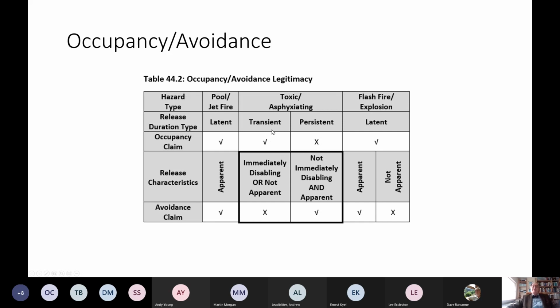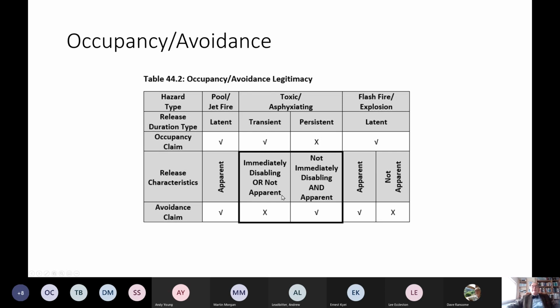If it's transient, then we can make a claim for occupancy, provided we look at the probability of somebody encountering the hazard. So now we have to consider not only the hazard duration, but also the occupancy duration and the periodicity with which this occurs. So you're looking for the probability of coincidence of the hazard being present and somebody occupying the hazardous area.